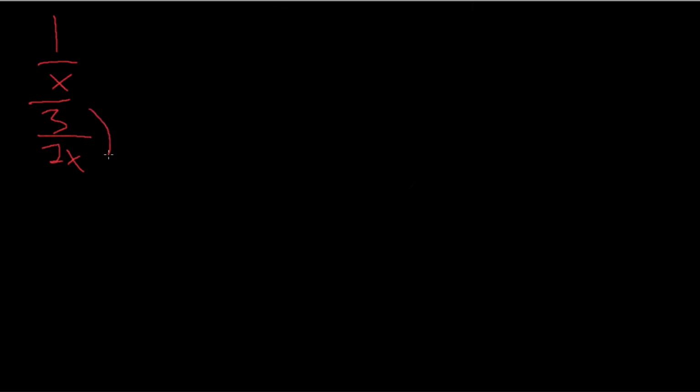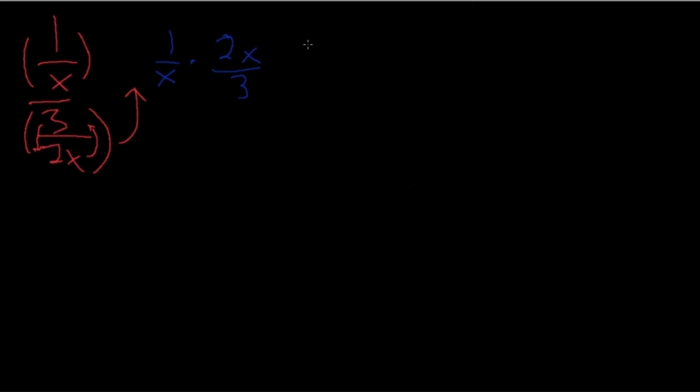So what we do, separate, drag up, and flip it, and then multiply. So we're left with 1 over x times 2x over 3. Because remember, here we flip the 2, and then we multiply.